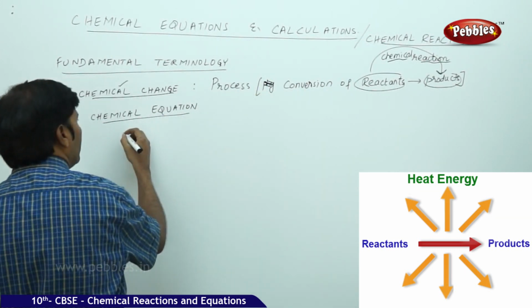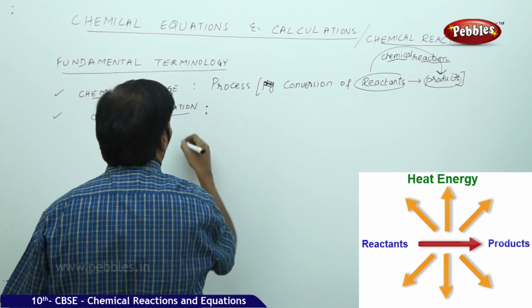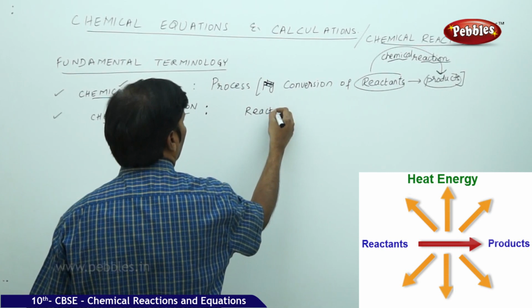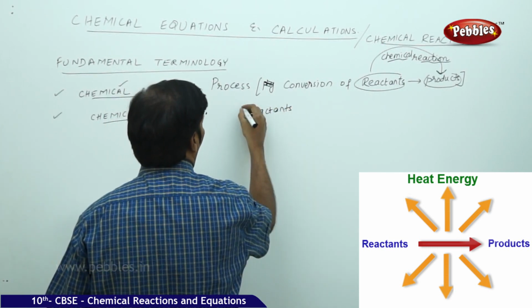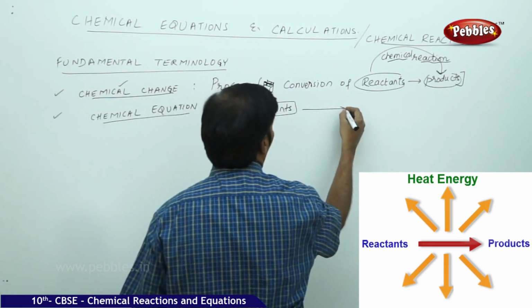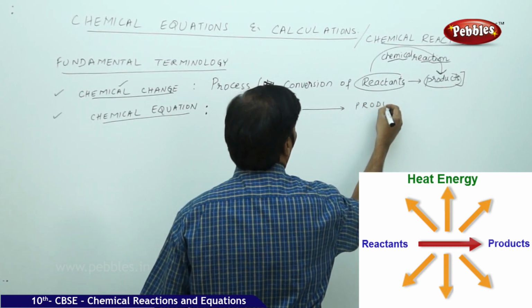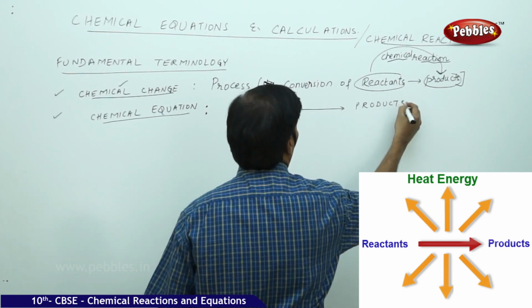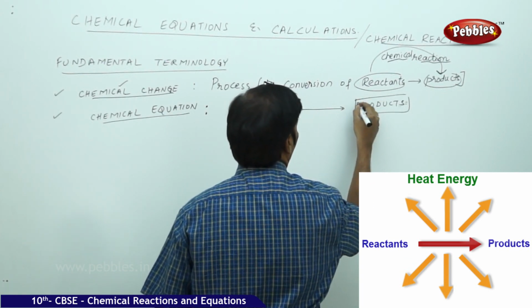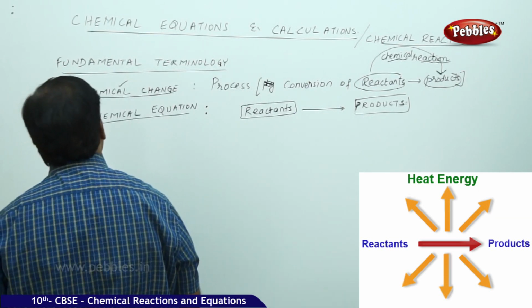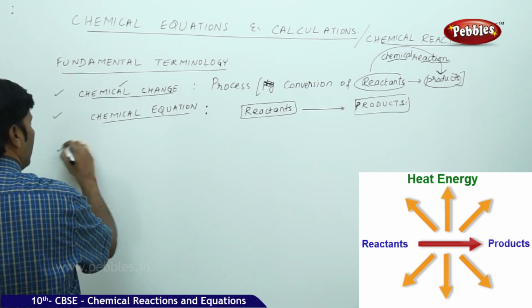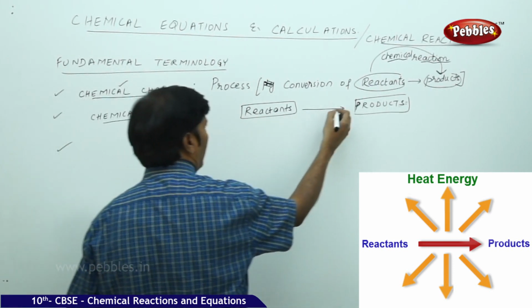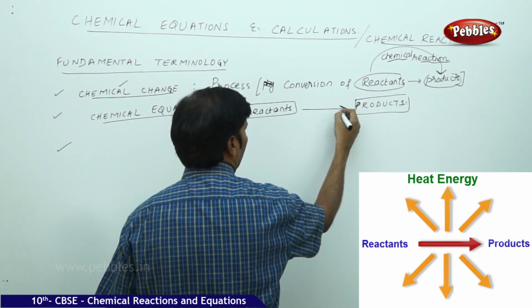A chemical equation is made up of, of course, reactants separated by products. Reactants and products are separated by the arrow.